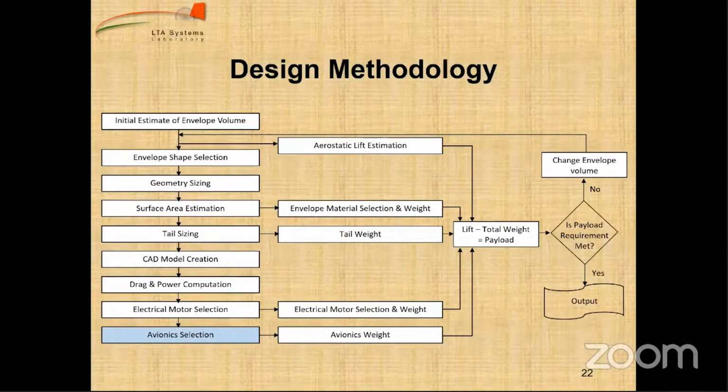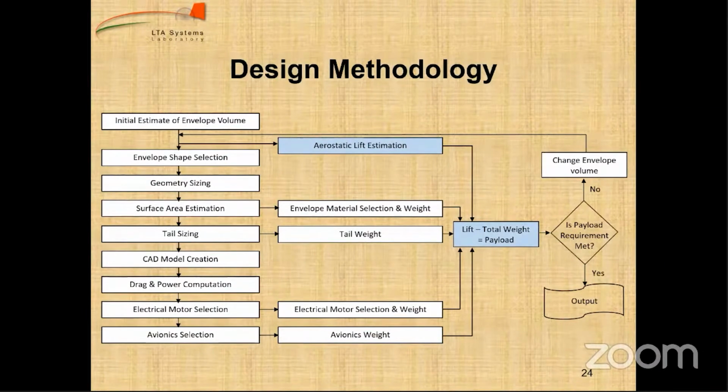So the avionics are to be selected as per our requirement, and they will also add some weight. So you will have four weights here: envelope weight, tail weight, electric motor, or propulsion system weight, and the last is the avionics weight. And by the volume available, you can estimate your net lift.